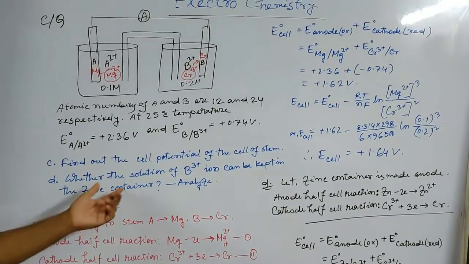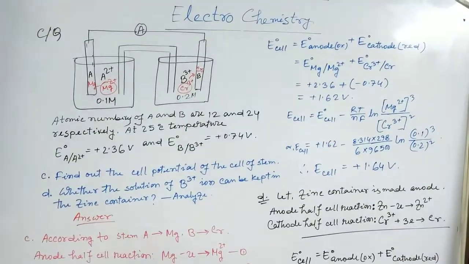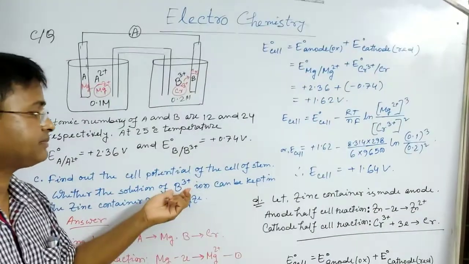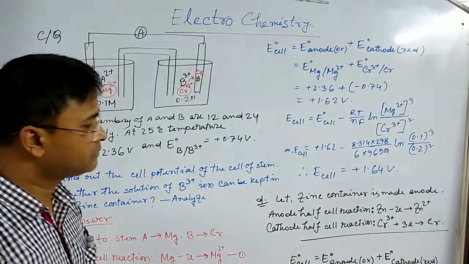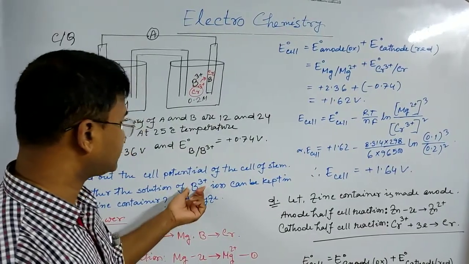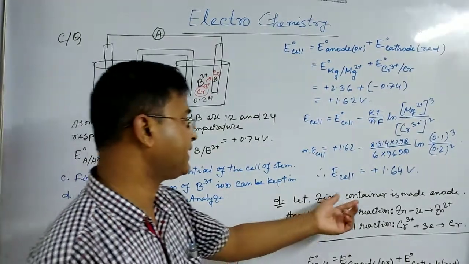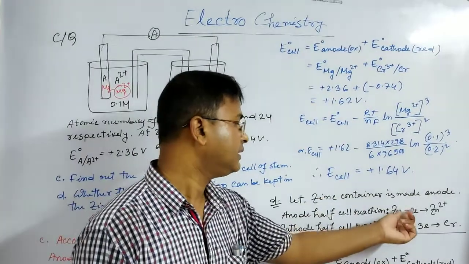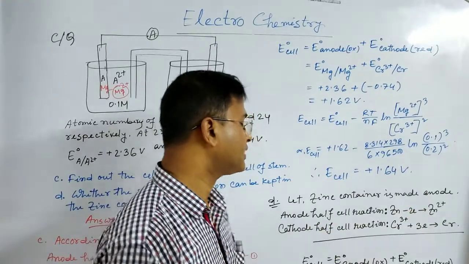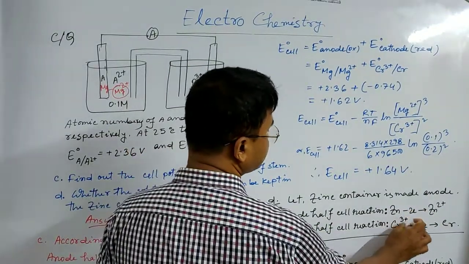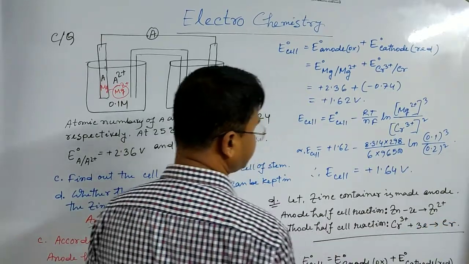Now my question D. B3 plus ion, chromium 3 plus ion. Is it possible to keep the chromium 3 plus ion in a zinc container? Let the zinc container be made the anode. So zinc minus 2 electrons equals zinc 2 plus ion, and chromium 3 plus accepts 3 electrons to form chromium metal.